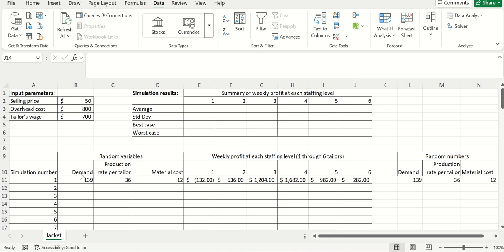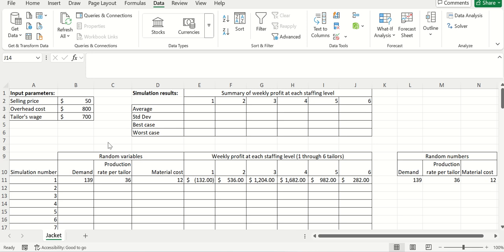So in this case, Abigail has tailors who make jackets. So profit is the revenue, which is going to be the number of jackets that are made times $50. And then we have to subtract away the costs. Costs are a function of overhead, the wages based on the number of tailors that she has, and then also the cost to make each one of the jackets.